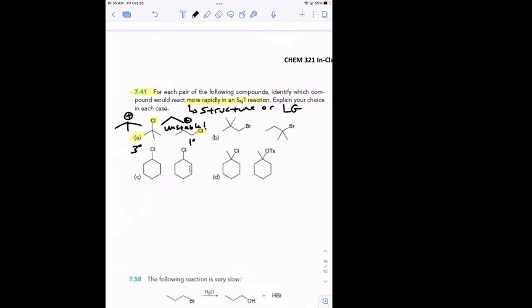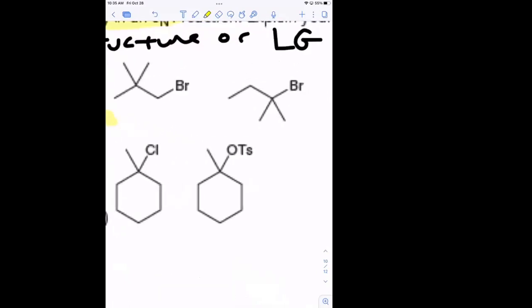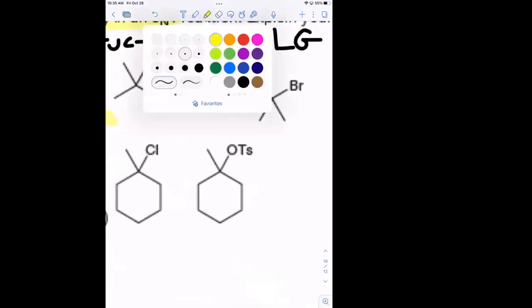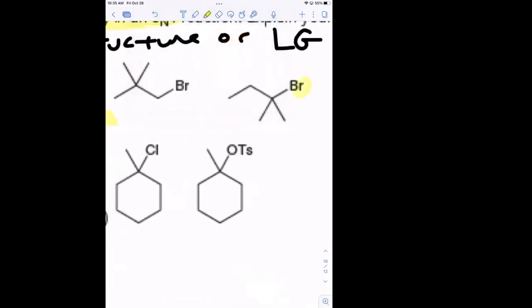All right, let's look at B. What do you think? Same scenario. Bromine, so it's the same leaving group in both. So you're comparing the structure.